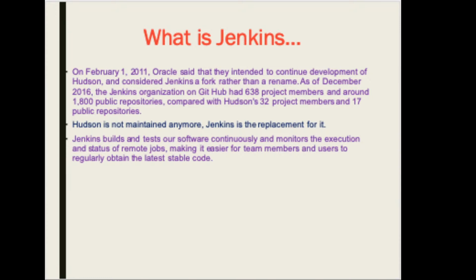That is how Jenkins grew in leaps and bounds compared to the Hudson project. As of today, Hudson is not maintained anymore, and Jenkins has become a replacement for Hudson.